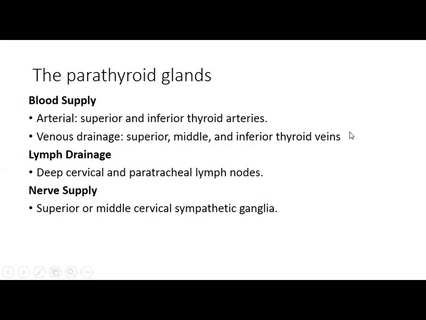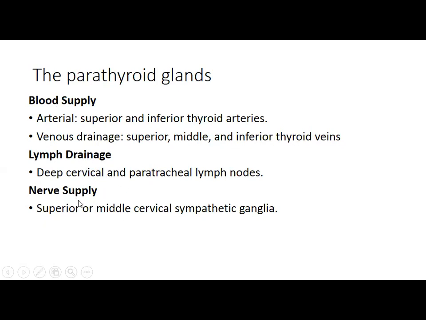Venous drainage is by the similar superior, middle, and inferior thyroid veins. Lymphatic drainage is also the same. It will be into the deep cervical lymph nodes as well as the paratracheal lymph nodes. Especially you should know the deep cervical nodes, both for thyroid as well as for parathyroid.